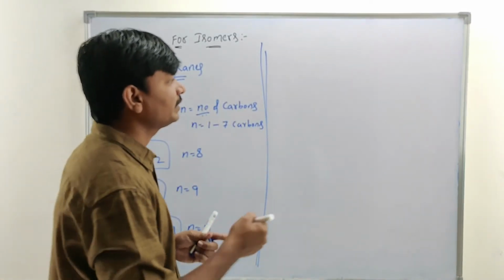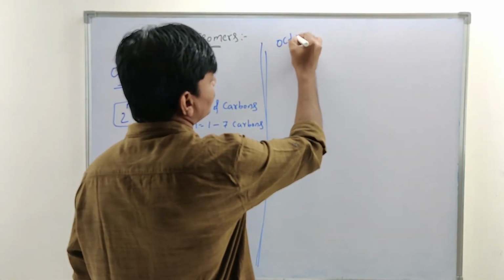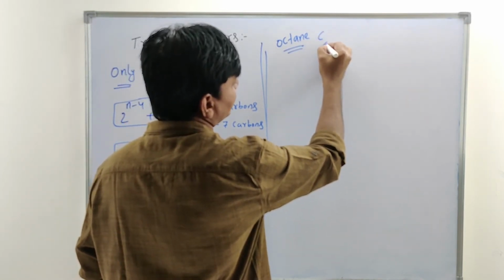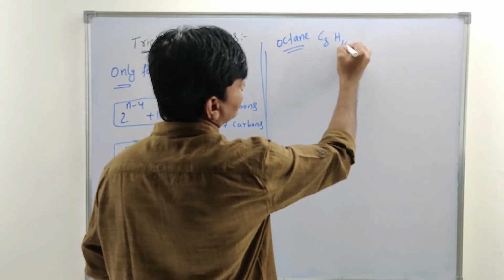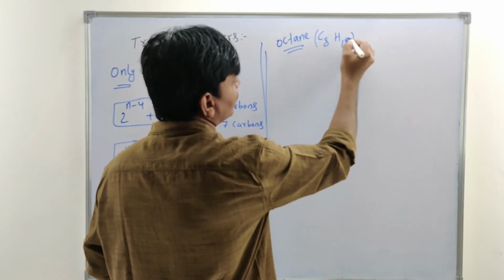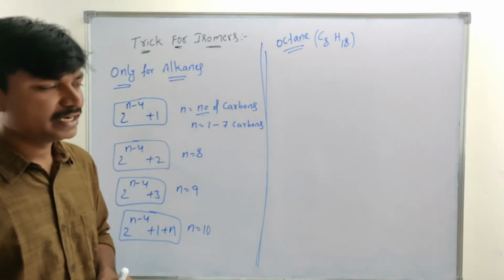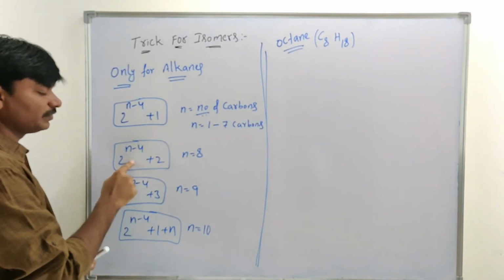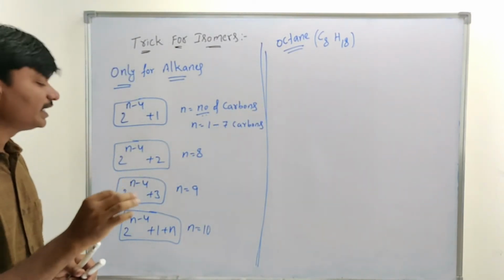Next, coming to octane. Octane's general formula will be C8H18. In octane, n equals 8 carbon atoms. For n equals 8, the number of isomers formula will be 2 power of n minus 4 plus 2.